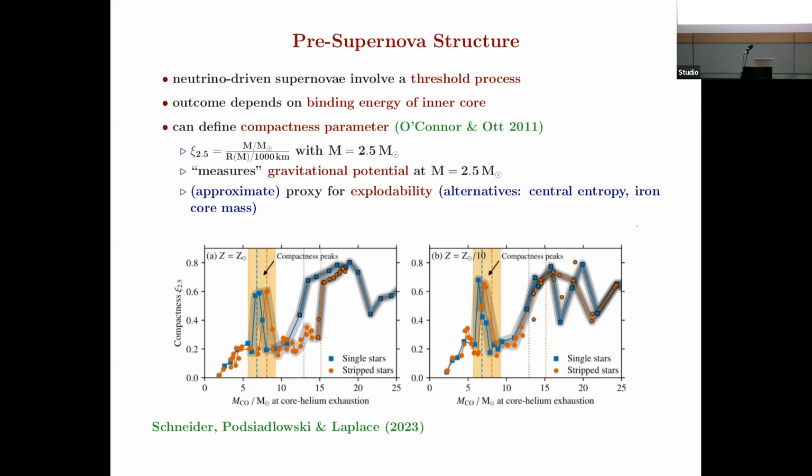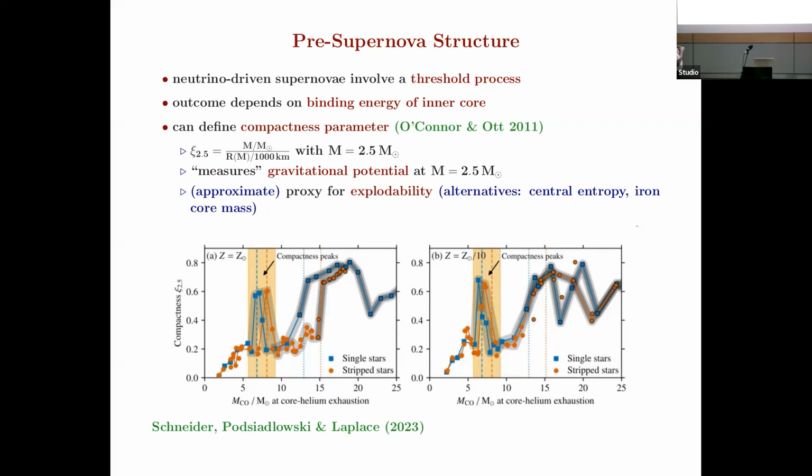The first thing you see as you increase the mass is a slow rise, and then you get this sharp peak. And beyond the sharp peak, it goes down again. Then at higher mass, it goes up again. That's a very characteristic profile. And if you use the compactness just as an indicator of what happens to these stars, here you have a very high compactness, so it means it's very hard to explode the stars. So we expect black holes, while down here and down here, we expect neutron stars.